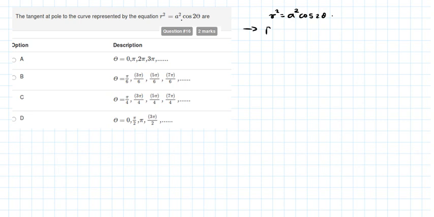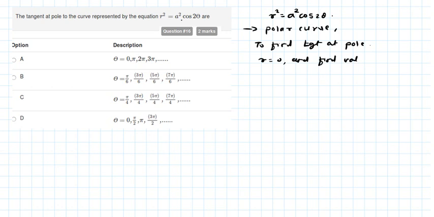Now this is a polar curve, and in a polar curve, to find the tangent at the pole, we put r equal to 0 and find values for theta.